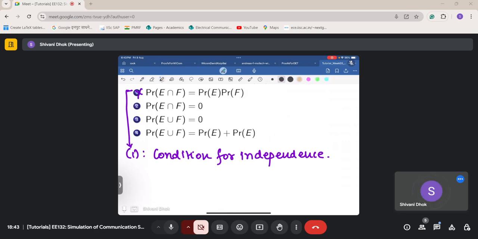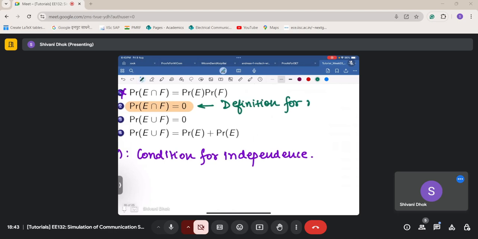Then probability of E intersection F is equal to 0. So this is basically the definition of mutually exclusive events. So this is the correct answer.